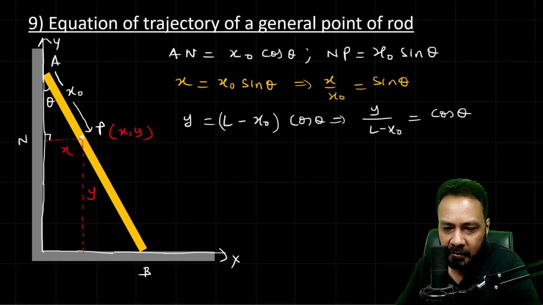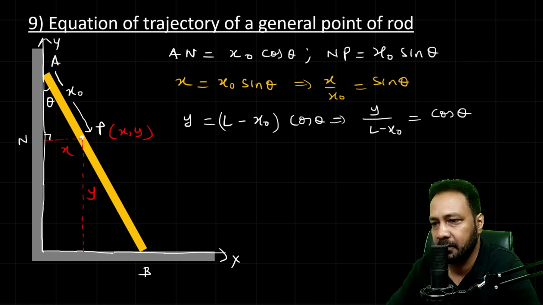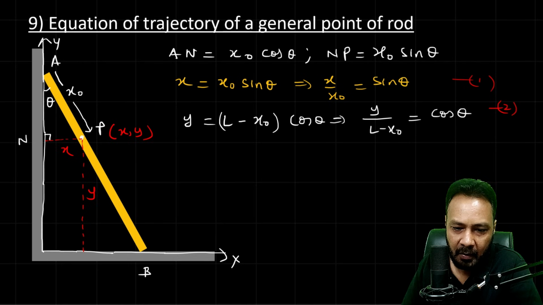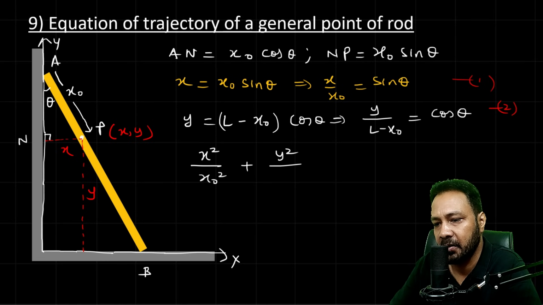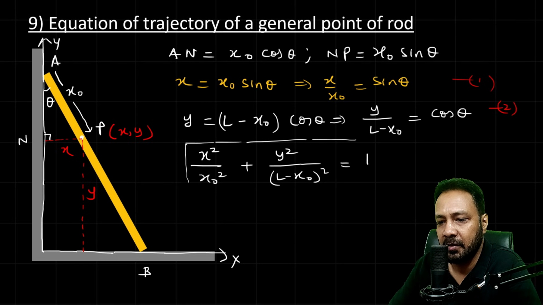Now if I square and add these two things, I will get x square by x naught square plus y square divided by L minus x naught whole square, and that is equal to 1. This is an ellipse. But that ellipse will be different for different points. Now see.